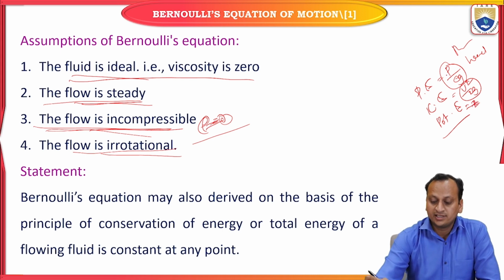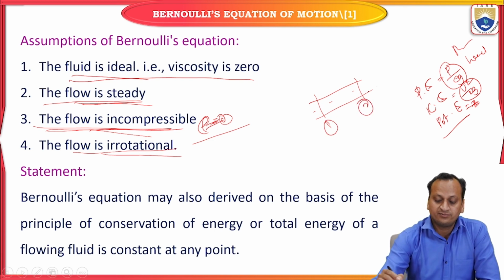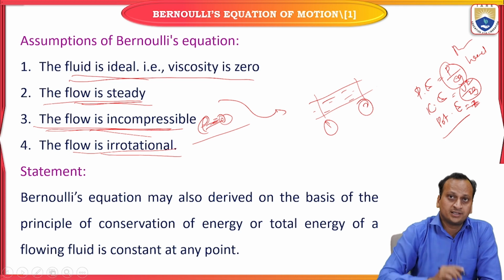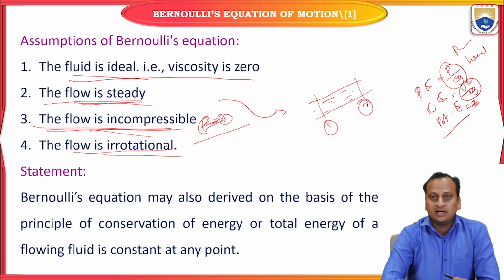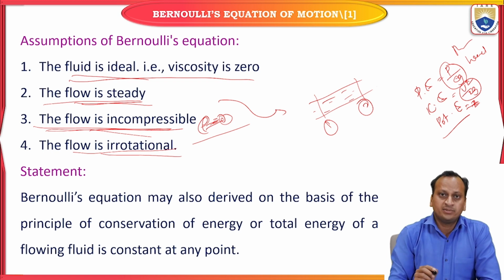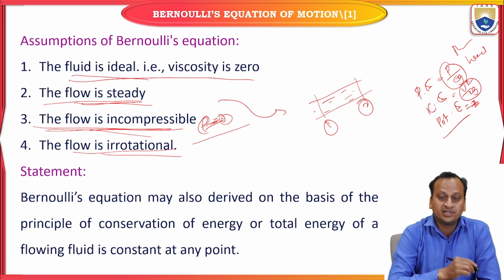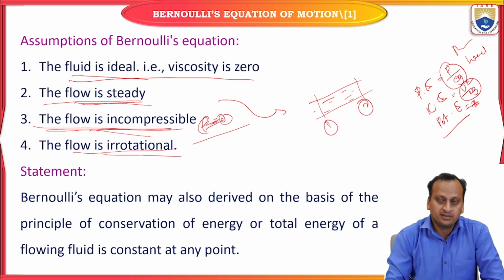These three energies remain constant while the fluid flows from point to point if the flowing fluid follows these four assumptions. Then the Bernoulli's equation can be derived and applied in such cases. But in real fluids, these assumptions are not possible.